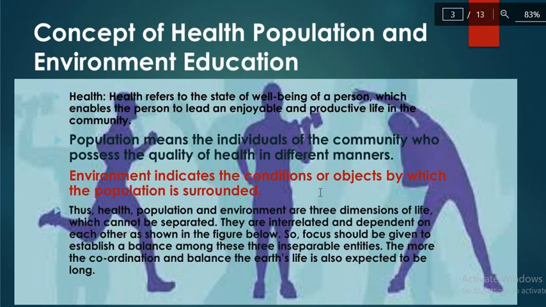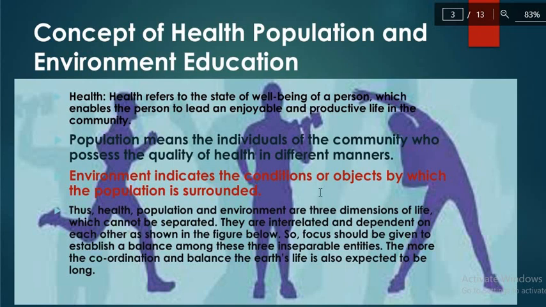It means a person should be physically, mentally, and socially well, not merely the absence of disease or infirmity. This is the definition of WHO. Once again, I'm going to repeat it.